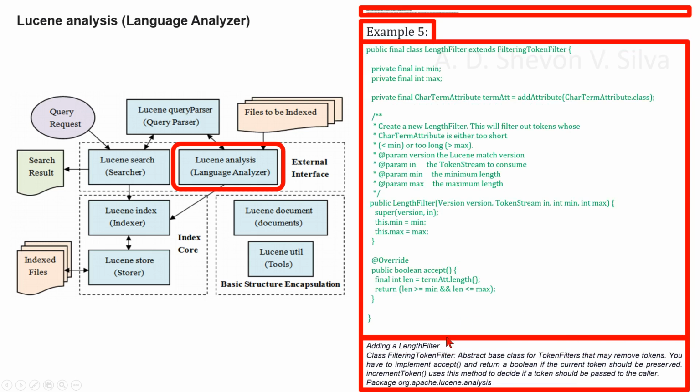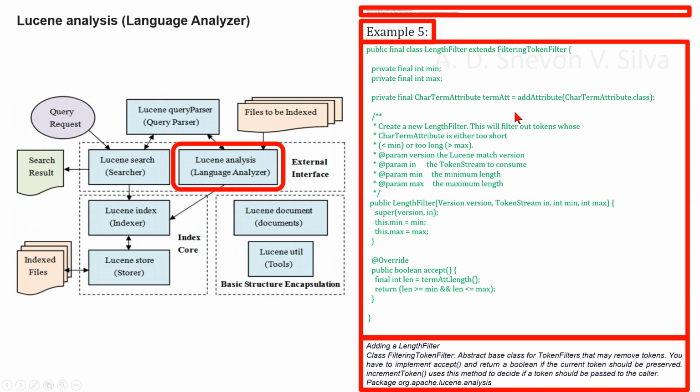Adding a length filter: here the class FilteringTokenFilter, an abstract base class for token filters that may remove tokens. You have to implement an accept method and return a boolean if the current token should be preserved. The increment token method uses this method to decide if a token should be passed to the caller. This is in package org.apache.lucene.analysis.